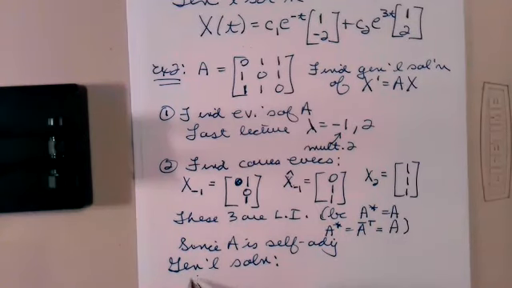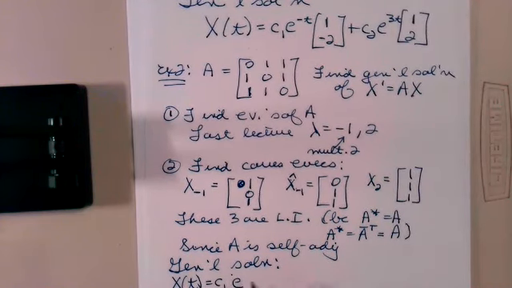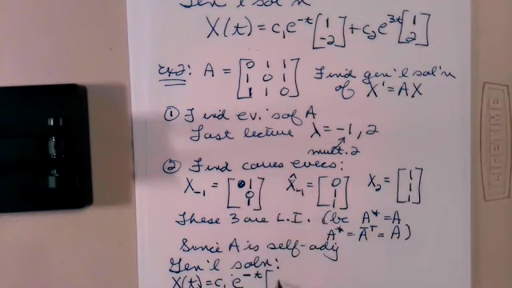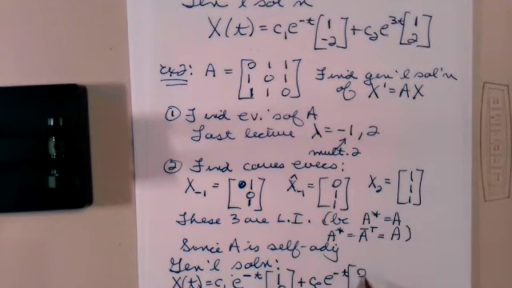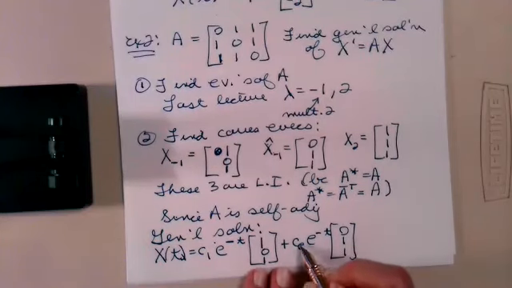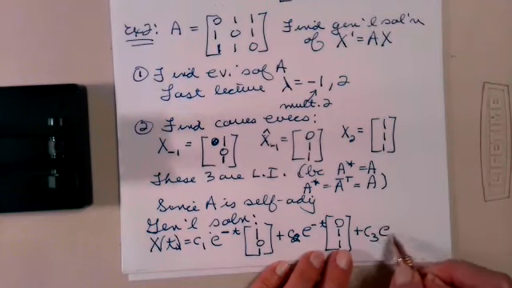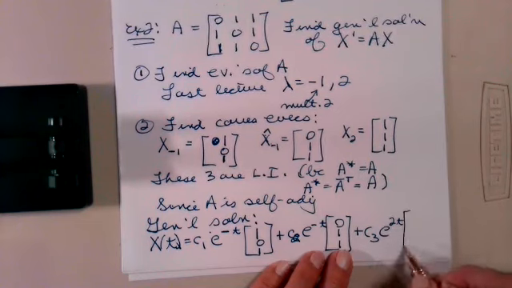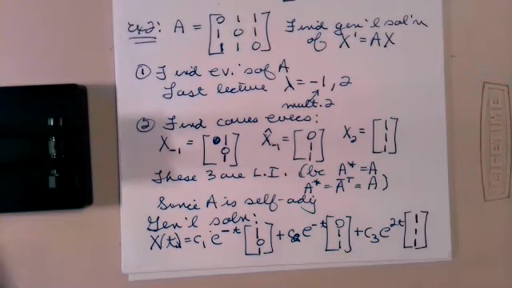So now our general solution is just going to be x of t is c1 e to the minus t times the first eigenvector that goes with that, plus c2 times e to the minus t times the second eigenvector that goes with the eigenvalue -1, and then plus c3 times e to the 2t times the eigenvector that went with 2.